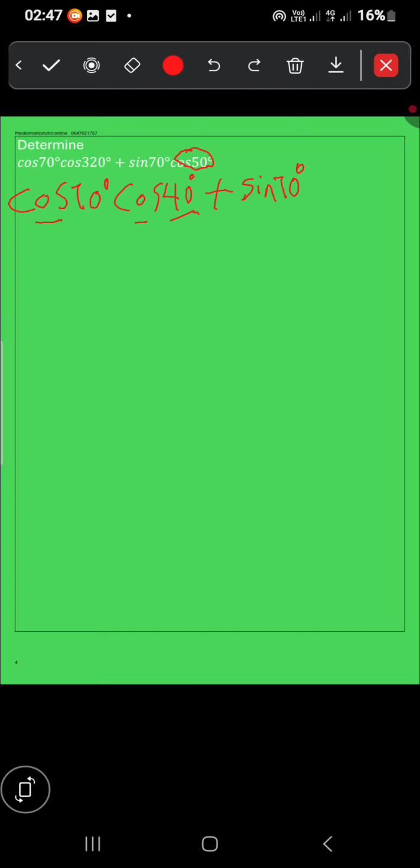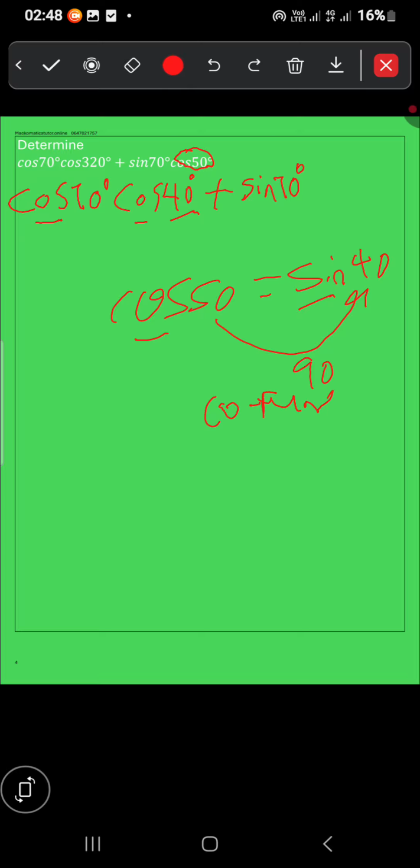So cos of 50 is the same as sine of 40 because cos and sine are equal if their angles add up to 90, and we call them cofunctions. So cos 50 is the cofunction of sine 40. So in the place of cos 50, I'm going to put sine 40.